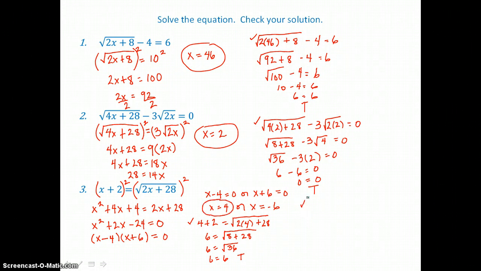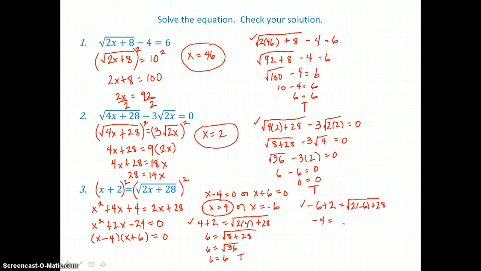And I still need to check negative 6. So I'll put negative 6 into this equation for x. And simplify. But negative 6 plus 2 is negative 4.